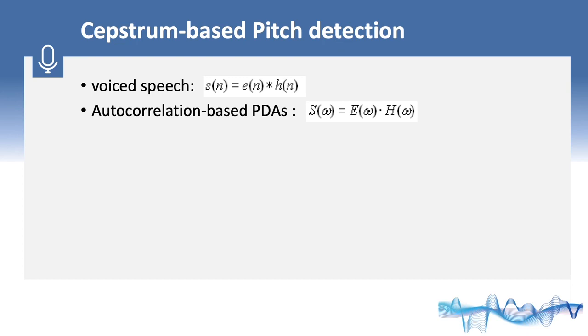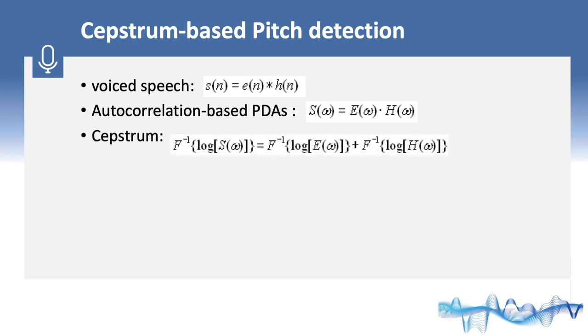It is assumed that the sequence of voiced speech s(n) can be presented as the convolution of e(n), which is a source excitation sequence, and h(n), which is the vocal tract discrete impulse response. In the autocorrelation function, the effects of the sound source and the vocal tract are convolved with each other. This results in broader peaks and, in some cases, multiple peaks in the autocorrelation function.